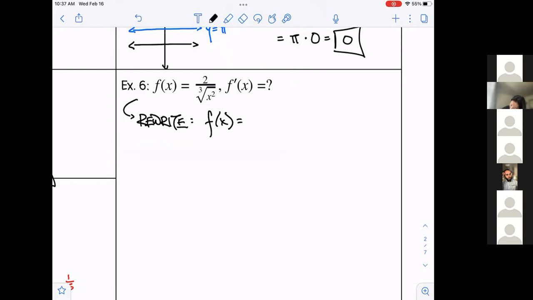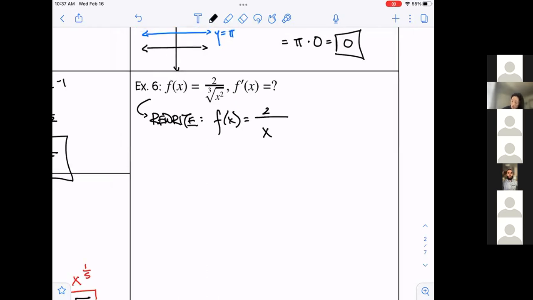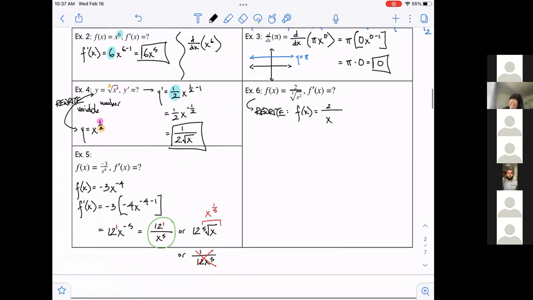Well, I would maybe take it step by step, right? I would keep the 2 up here, but what's a different way that I can write the cube root of x squared? I wanted x to a power. Okay, and it might be helpful to think about our previous example with the square root of x and how we wrote that.